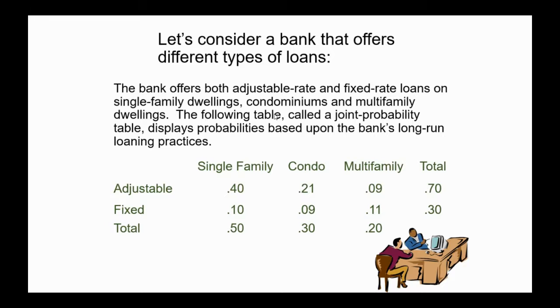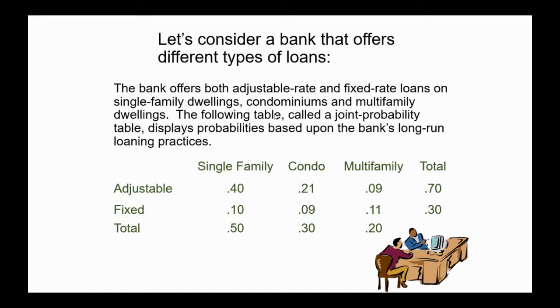So let's look at a banking example. Suppose the bank offers both adjustable rate and fixed rate loans on single family dwellings, condominiums, and multifamily dwellings.